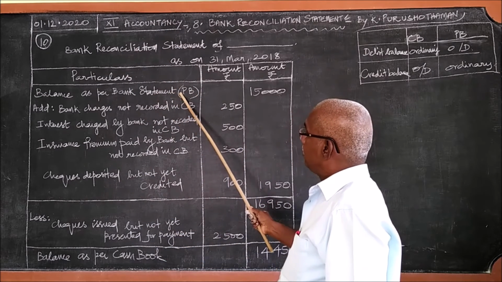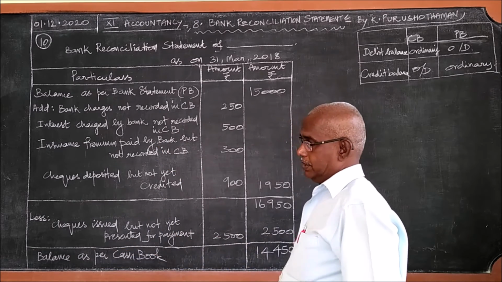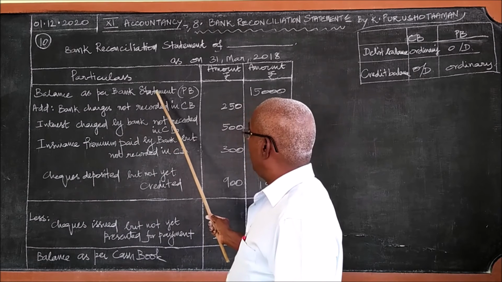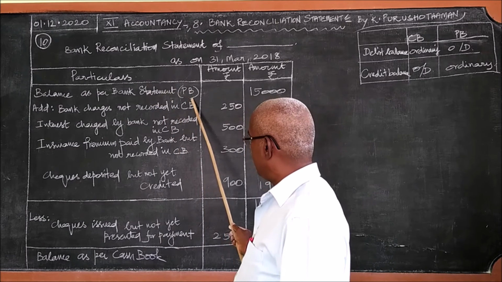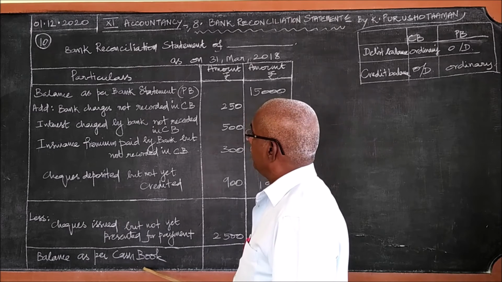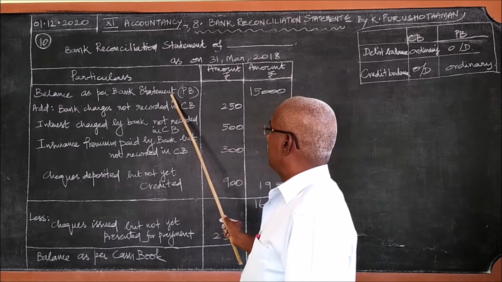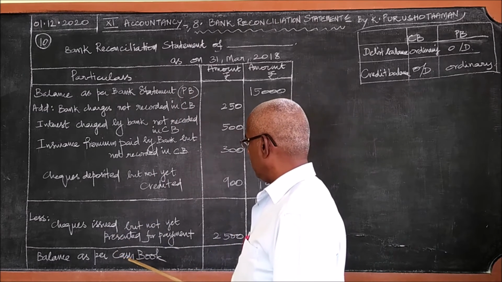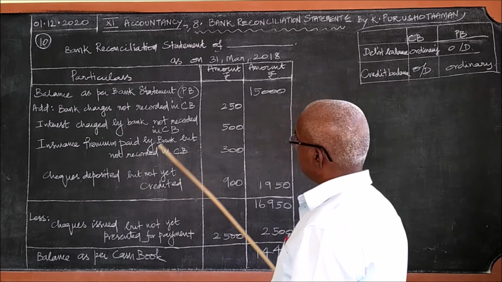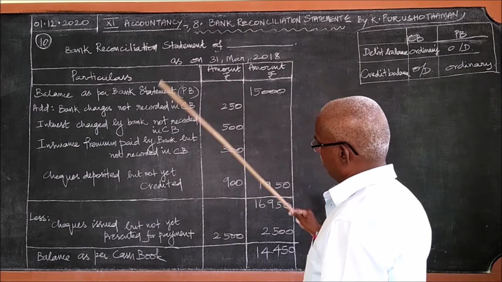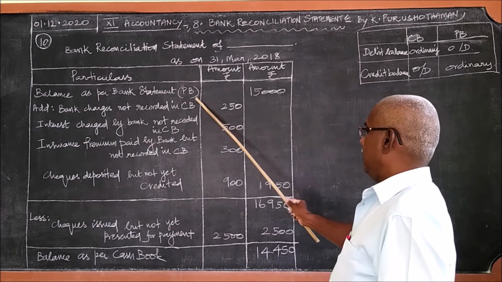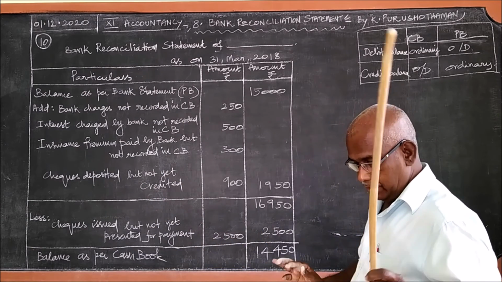If it is cash book balance to passbook balance, that is one method. If it is ordinary balance of PB, then ordinary balance of CB. If it is overdraft balance of PB, then it is overdraft balance of CB. This is the procedure. Here it is passbook to cash book.